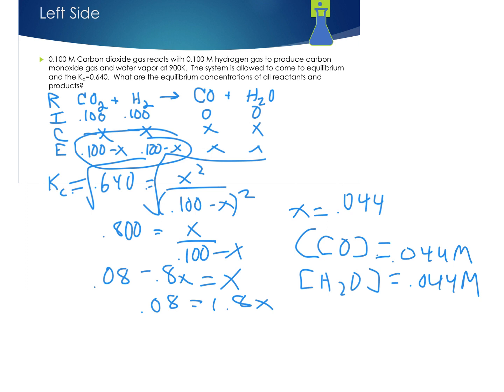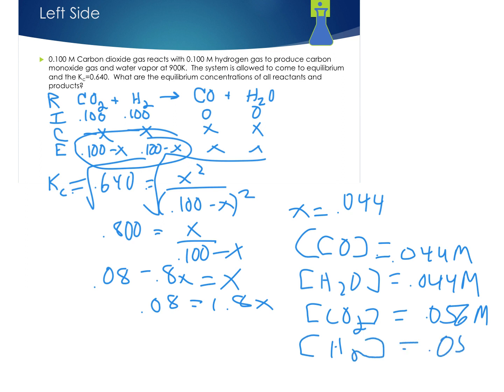So the concentration of CO2 is 0.056 molar and the concentration of H2 is also 0.056 molar. Again, the shortcut we used here helped us because we had squares on the top and the bottom. But sometimes you're going to end up with a quadratic, and then you'll use the quadratic formula or the solver on your calculator to work on that.